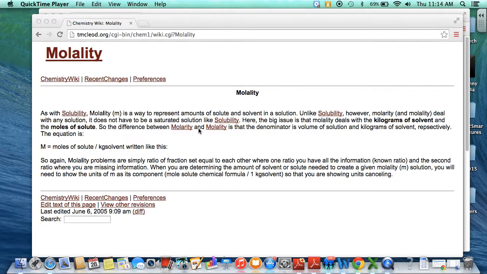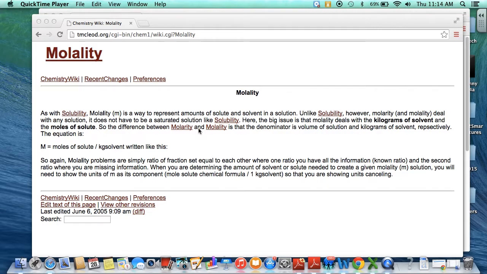Here we don't have that, because that's a ratio of part to whole. This is like all the other concentration terms, where we have part over part. In this case, the part is solute and the bottom is solvent. And for molality, it's a mass to mass ratio, very similar to a mass fraction.